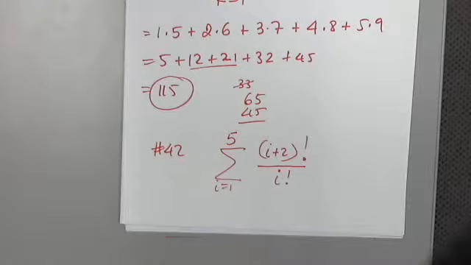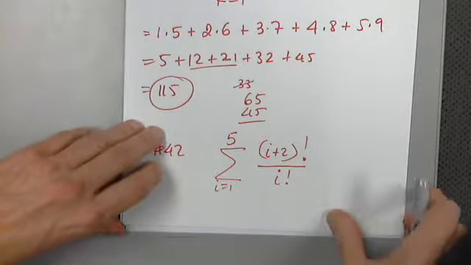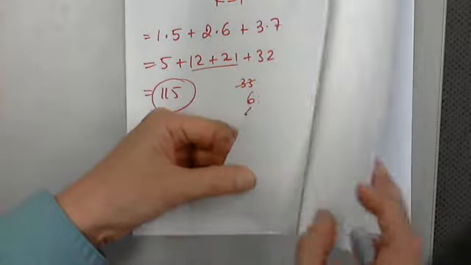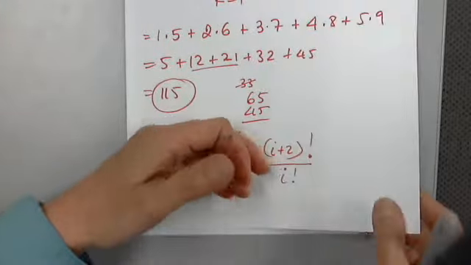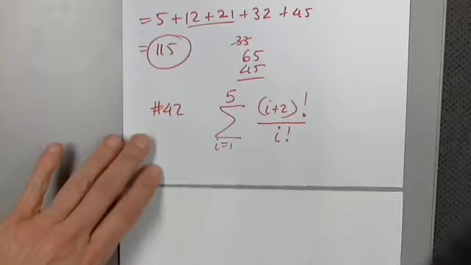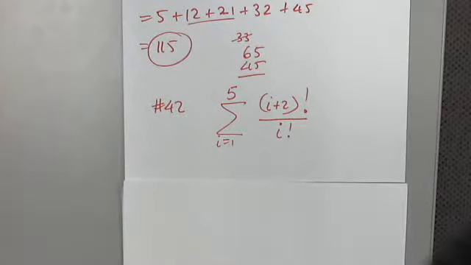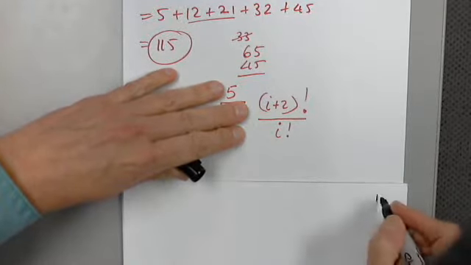How many terms will you give? 5. Very good. So can you simplify that inside so you can make your life easier? Let's just work on this for a moment.